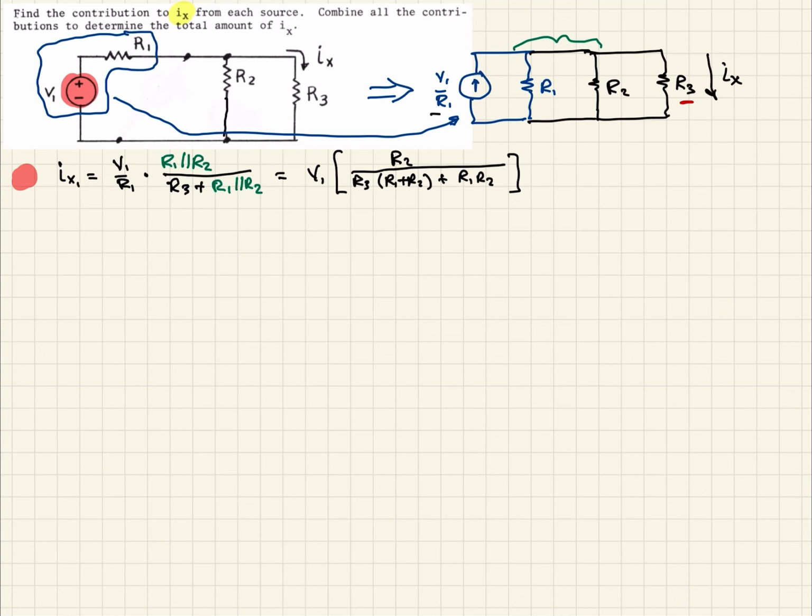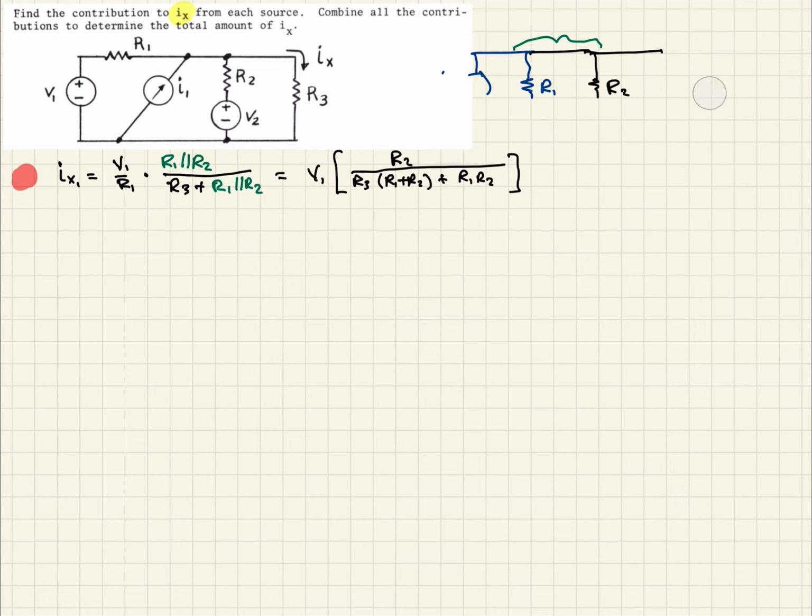So now we need to come back and reset our circuit. Here, consider another source. All right, so now we want to consider the current source. So that'll be this guy here.